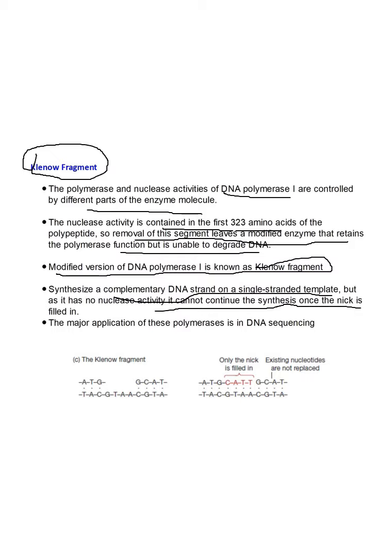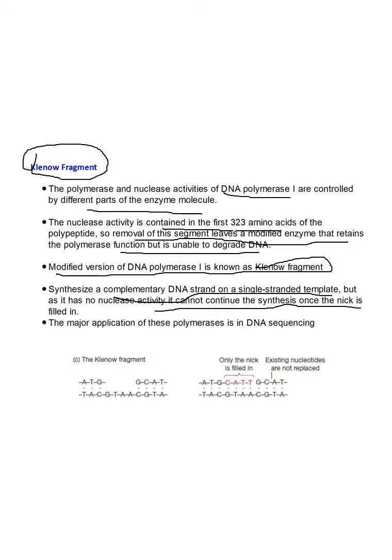This is very important: once the nick is replaced with new strands, it cannot proceed further, because the nuclease activity allows DNA polymerase 1 to degrade the existing strand so that it can proceed. The absence of nuclease activity, or the degradation, does not allow it to move further.